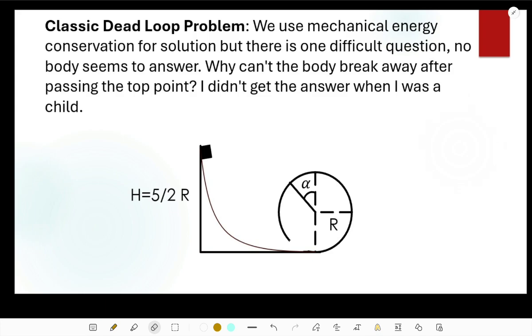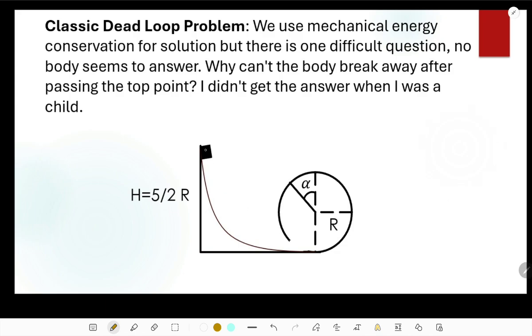And we all know that if a block is released from rest from this position, a height 5R by 2 or above, where R is the radius of this dead loop, so that this is the minimum height required.